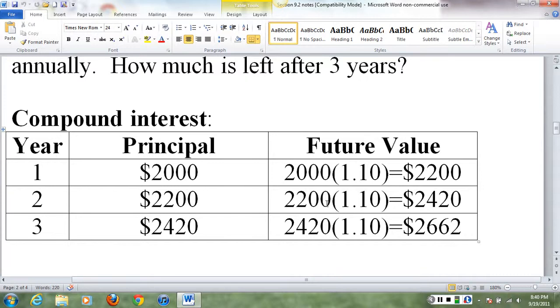If it were simple interest, this $2,000 would be the same for all 3 of these cycles. So again, following the same formula, now I have 2420, and again, it just cycles into the next set of calculations. So we end with 2662.